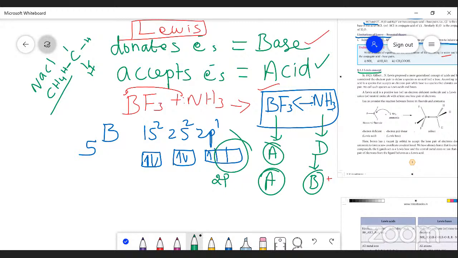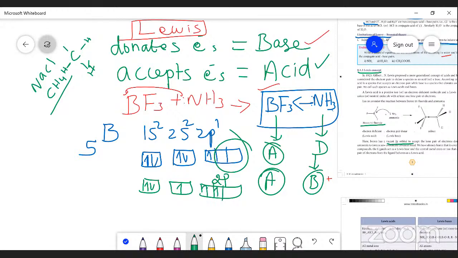So in a book, if you see boron trifluoride, electron deficiency is mentioned. Here there is a vacant 2p orbital. In the ground state and in the excited state of the electron configuration of boron, one electron will jump to the excited form.